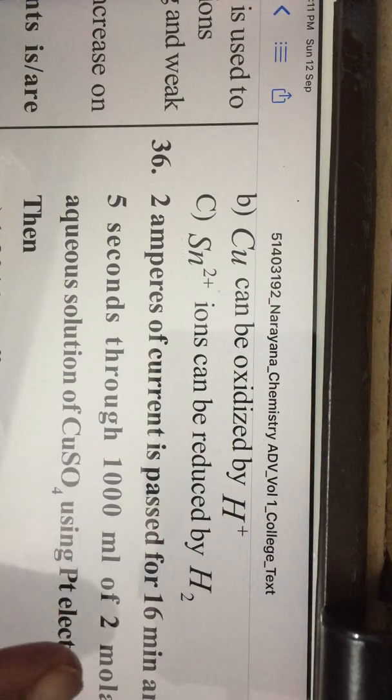Here the number of coulombs you have passed is 2 into 965, whereas 96,500 coulombs is equal to 1 mole of electrons.